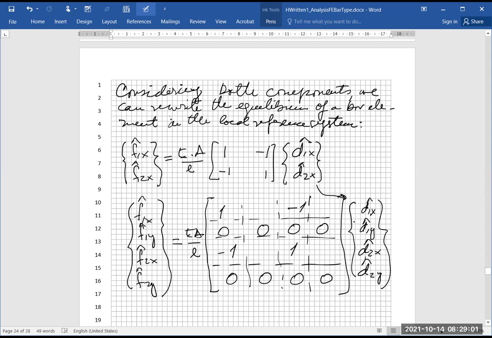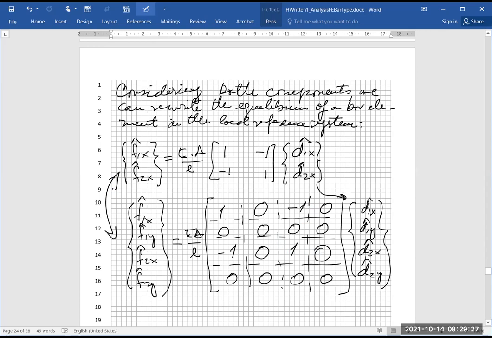And also, since we have a bar, this displacement here should not cause any force in the x direction, because this is a bar. So these spots also have to be filled with zeros. So these two expressions are equivalent.